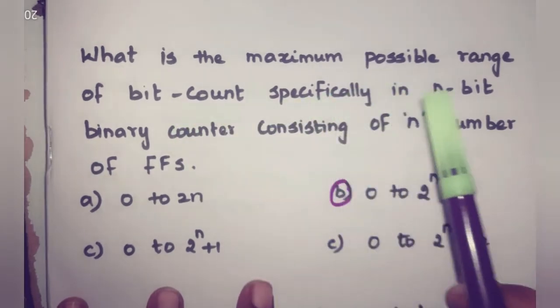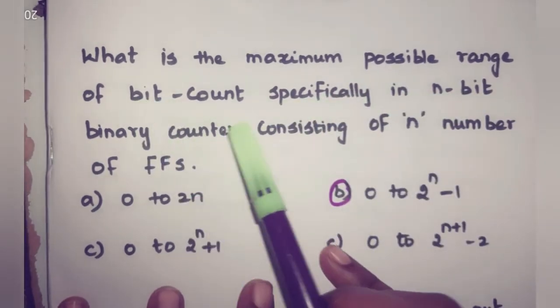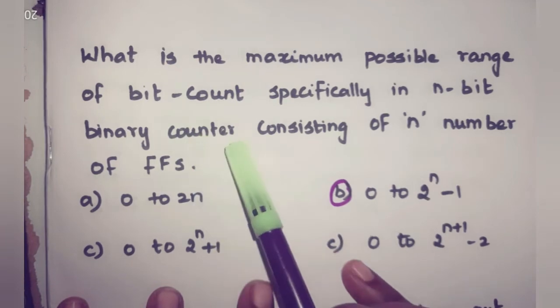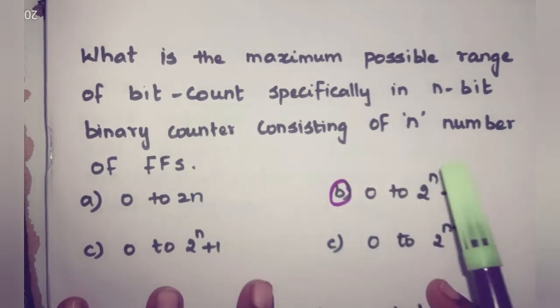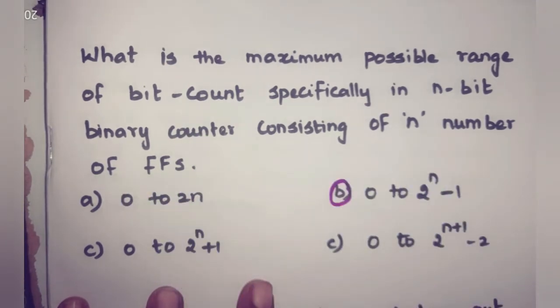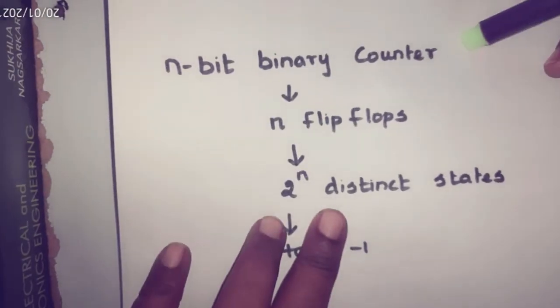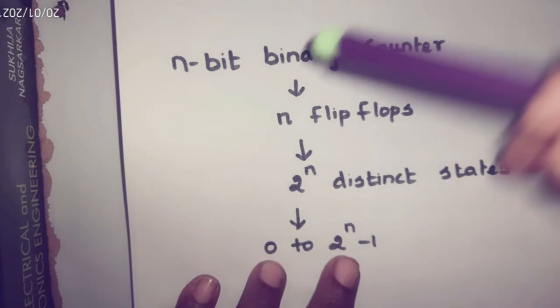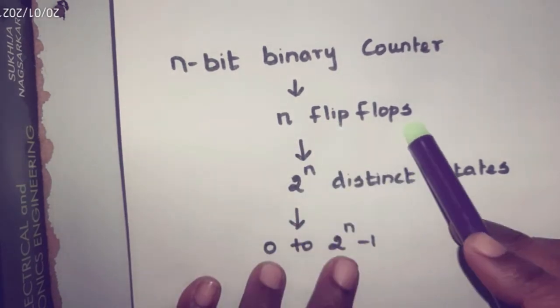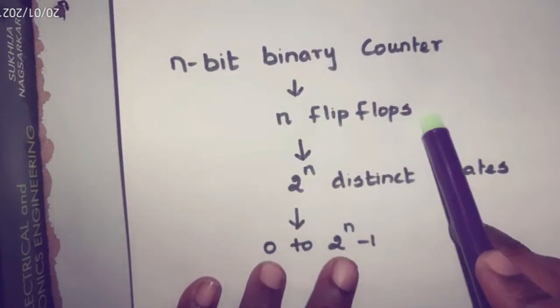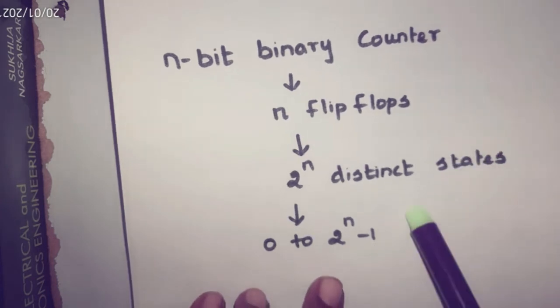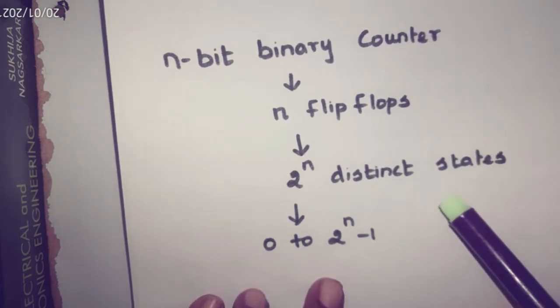What is the maximum possible range of bit count specifically in an n-bit binary counter consisting of n number of flip-flops? So in an n-bit binary counter there are n flip-flops. By means of these n flip-flops we can represent 2 power n distinct states.